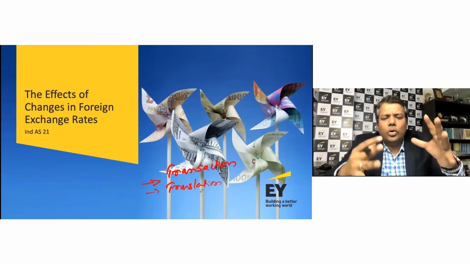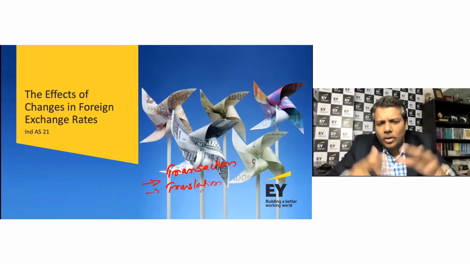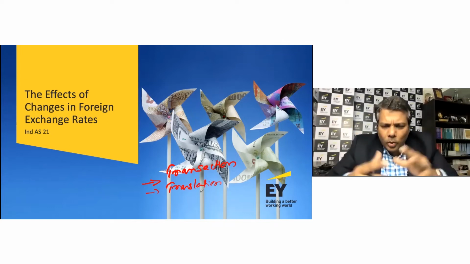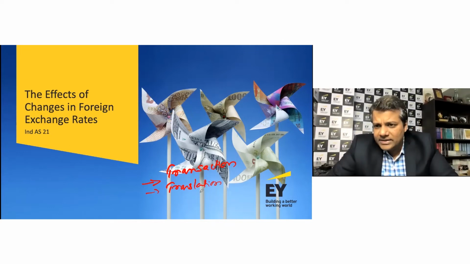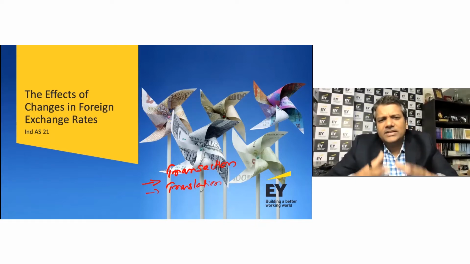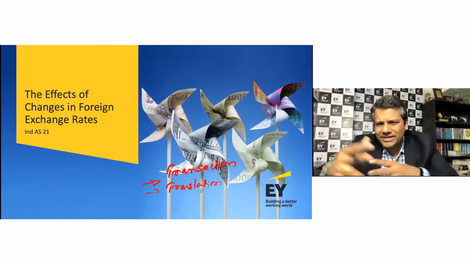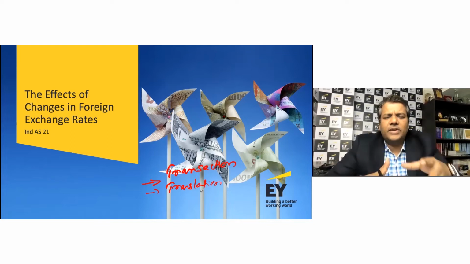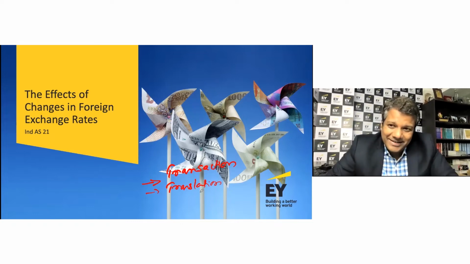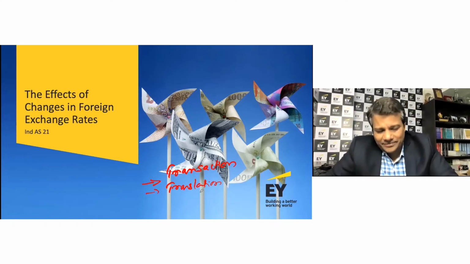Like we do all of this accounting in one common framework, which is Ind AS, similarly we have to do reporting also in one common currency, which could be Indian rupees, US dollars, euro, or GBP. Whatever currency we decide is what is called the presentation currency, or the reporting currency, the currency in which my financial performance is eventually being reported, not recorded.